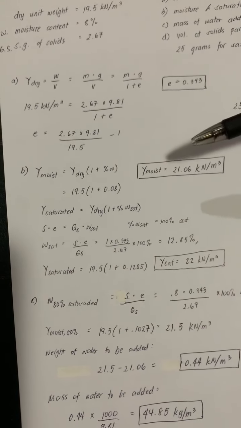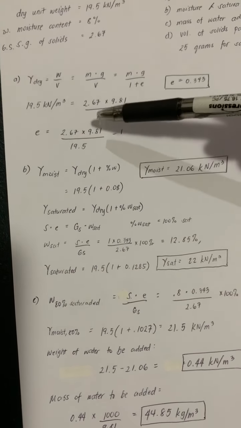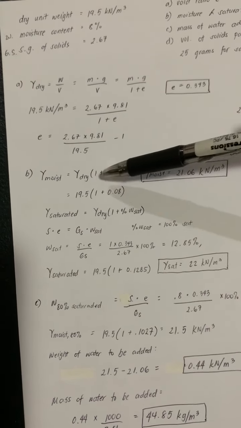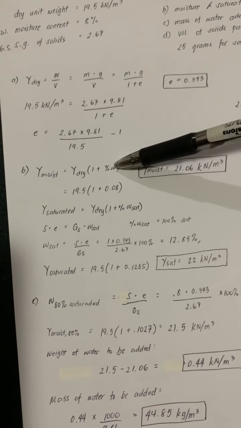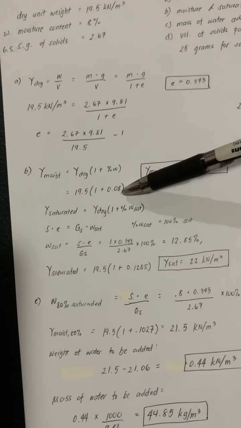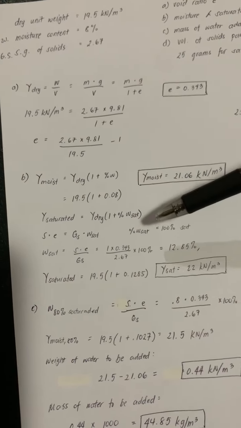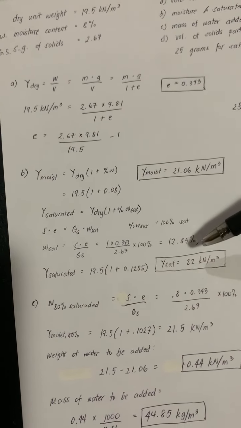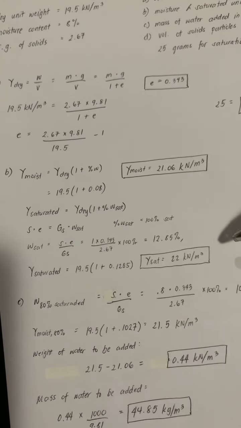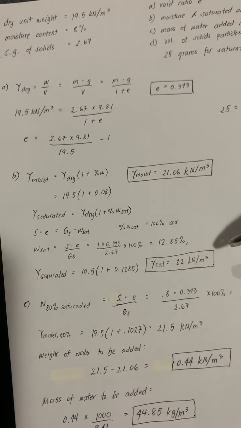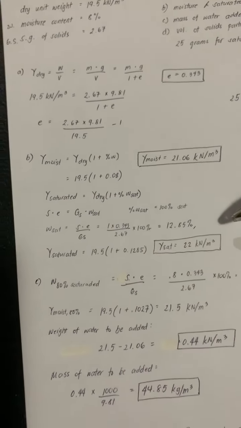And then after getting that, I did this equation again, but instead of having 0.08, I did the 0.1285. So I got 22 kilonewtons per meter cube.